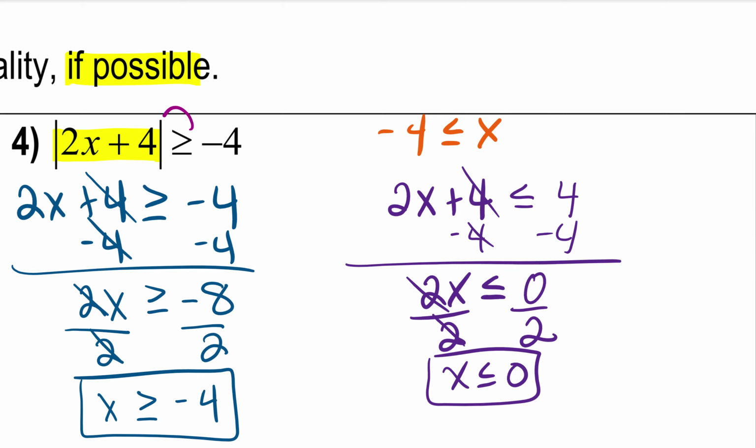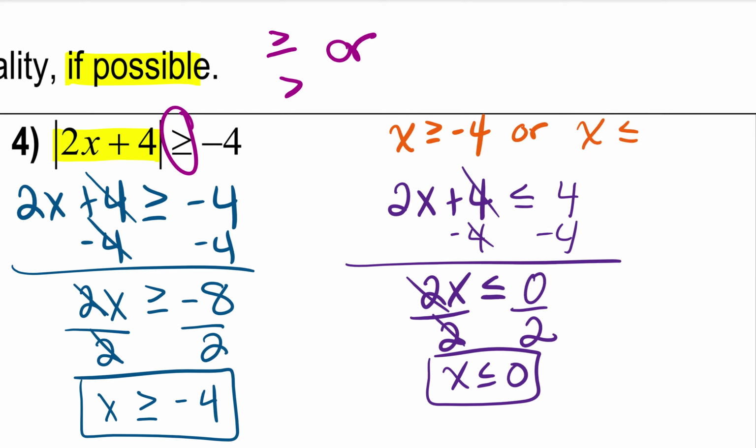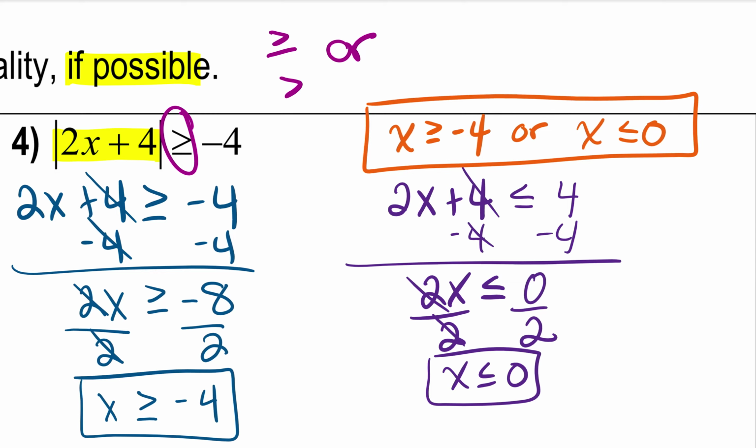Because this is a greater than, remember greater than or equal to are ORs. So I have to write this separate. So I'm going to have, let me put it in order, x is greater than or equal to negative 4, or x is less than or equal to 0. So remember, ORs have to go separate, and they go apart from each other, like opposite directions.